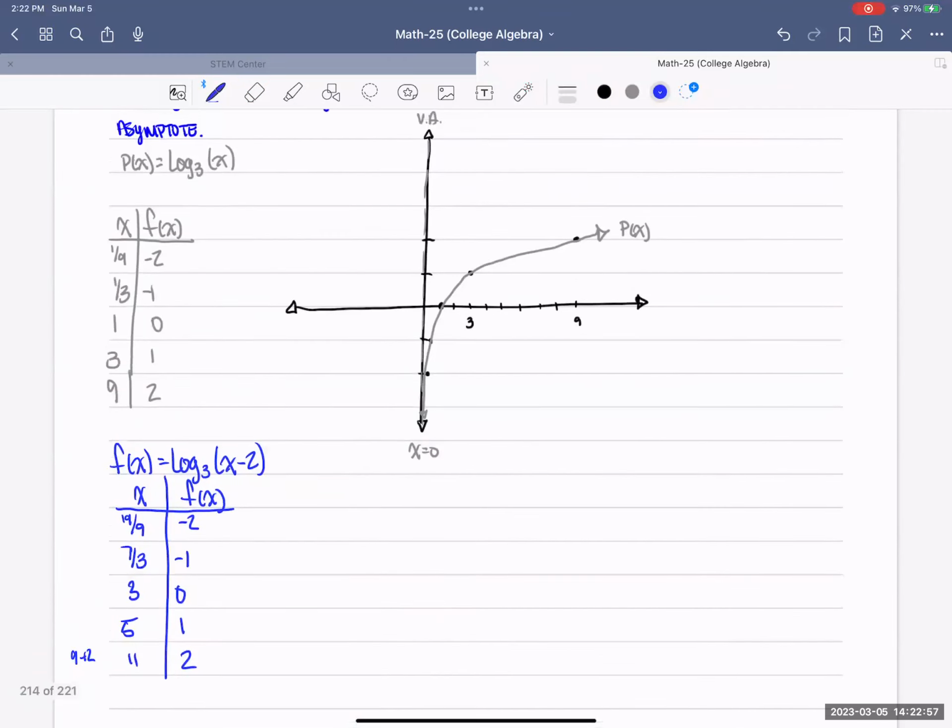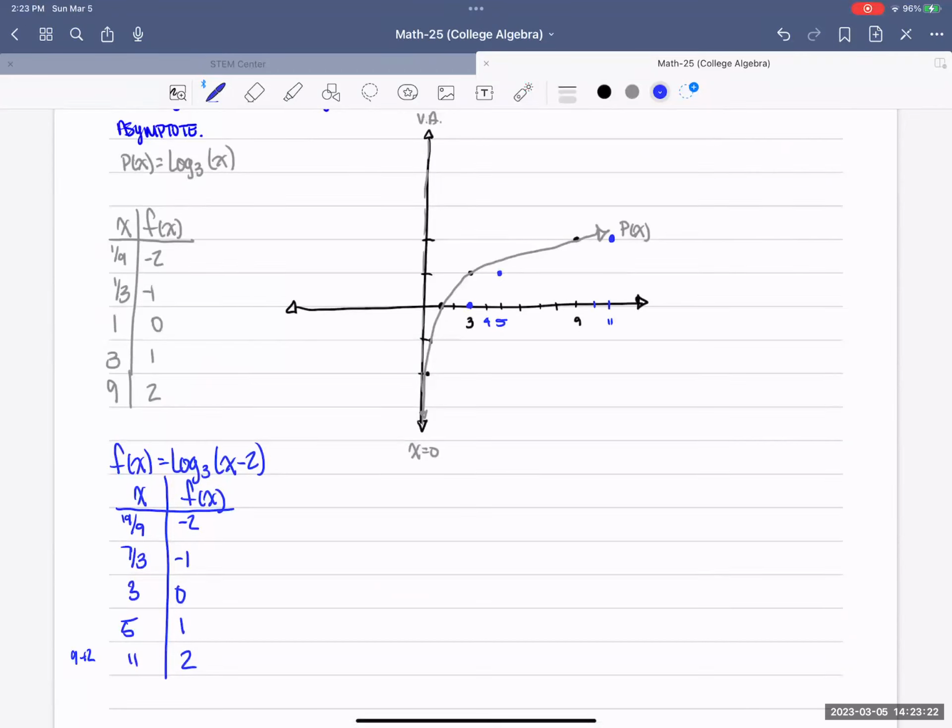And let's see what this graph gives us. When we input 11, so 9, 10, and 11, we output 2. When we input 5, we output 1. When we input 3, we output 0.